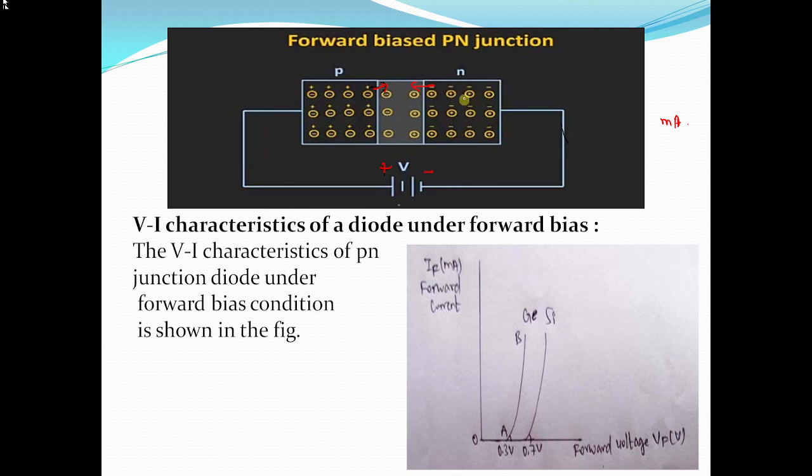This negative repels and they enter the junction. So in the junction we can find mobile charge carriers, which means it is no more a depletion region. The width of the depletion region decreases and it disappears. Due to the flow of these electrons and holes, current is produced, which is measured in milliamperes.